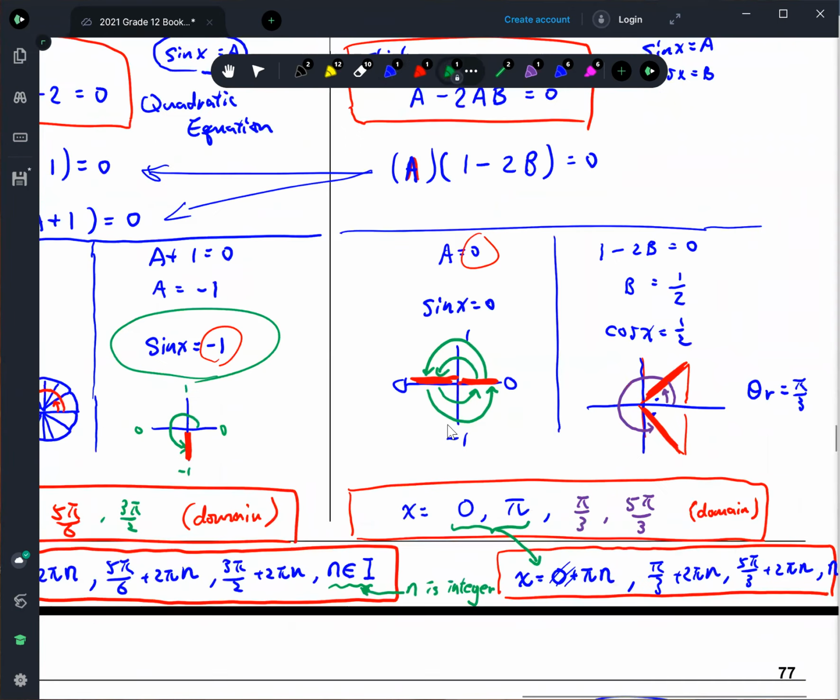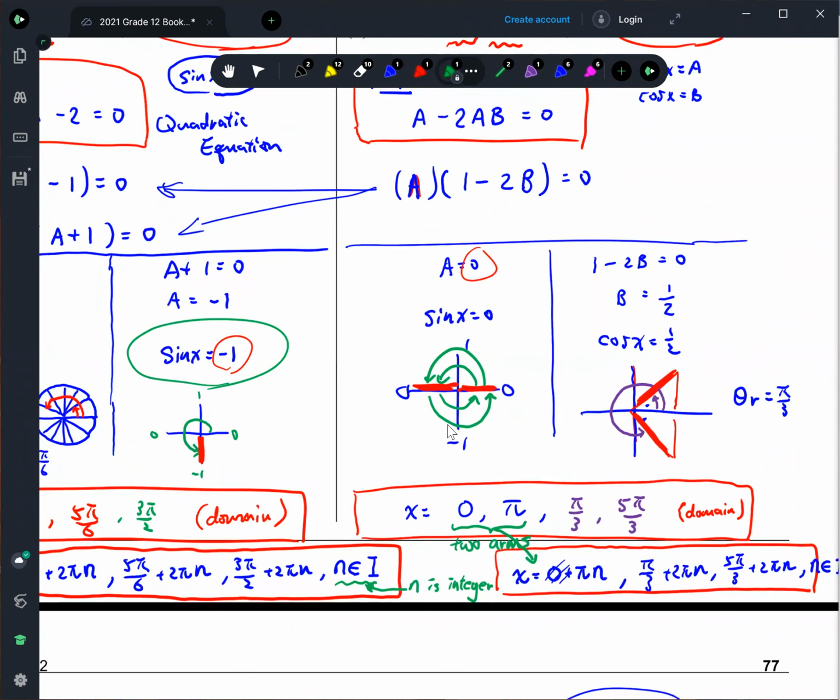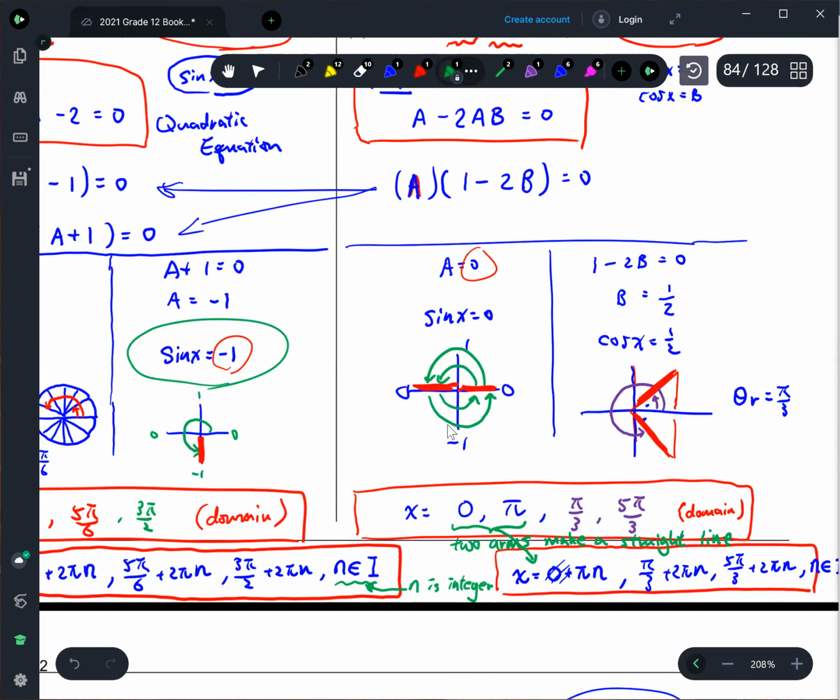Two arms make a straight line. Okay, so that's why it uses pi n.